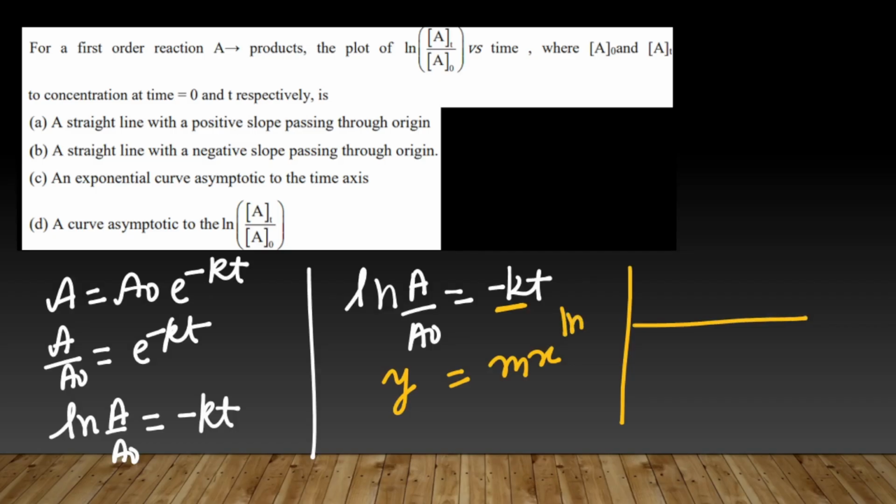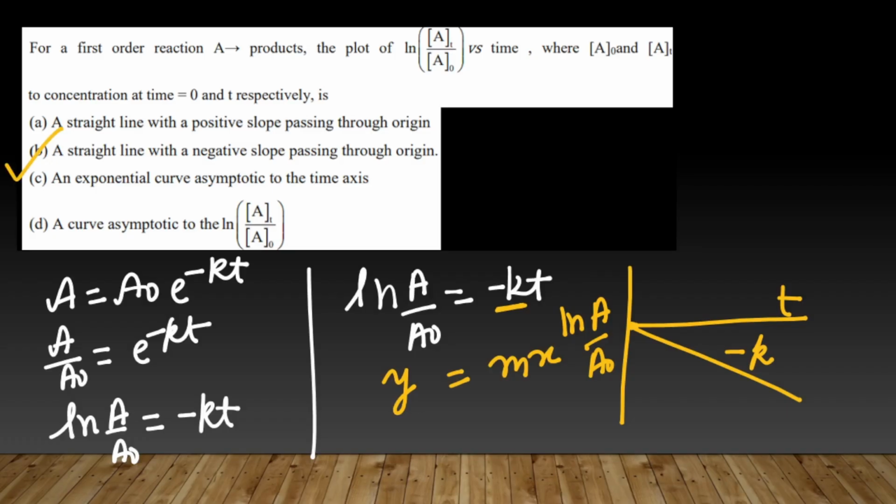Natural log of A by A naught, y is equal to mx, so the intercept value is 0 in this case. Intercept value is 0, a negative slope. So it will start from the origin with the slope value of minus k. Okay, so the graph is a straight line with a negative slope passing through the origin, that is option B, which is given to us.